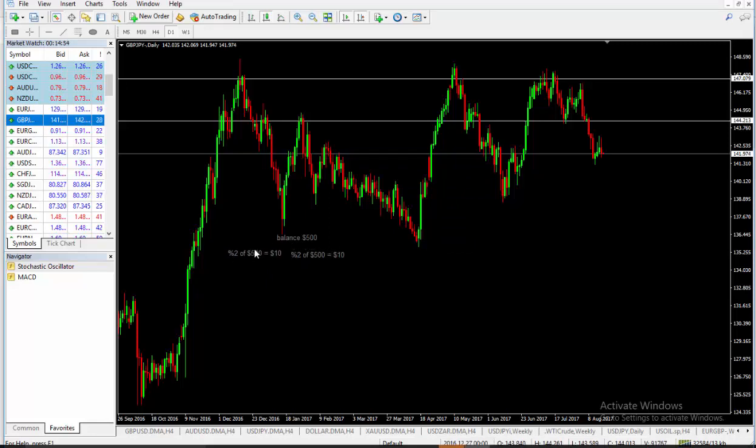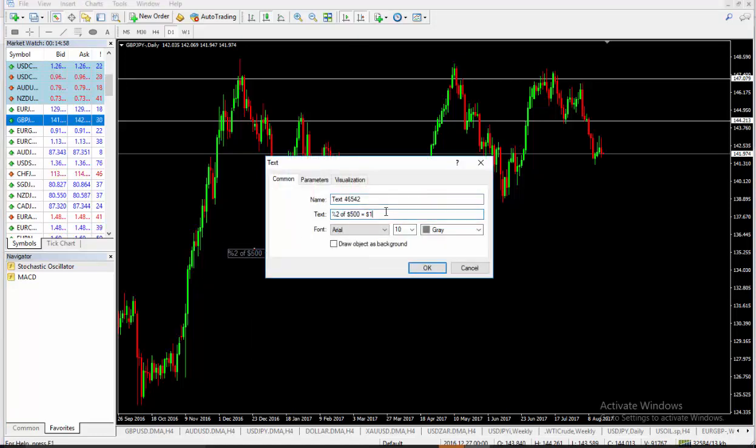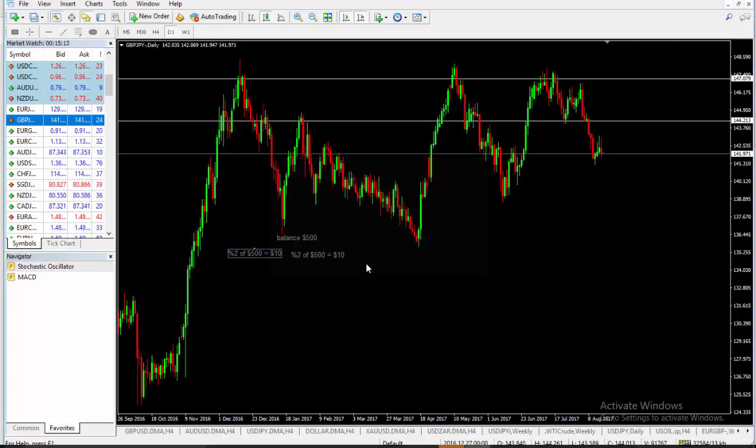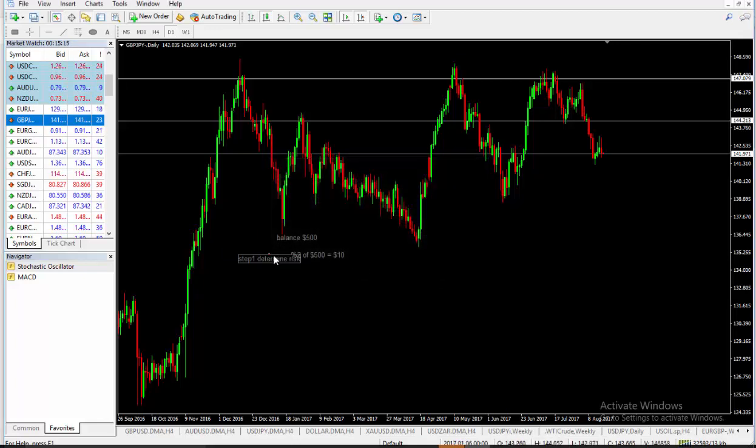Step 1, determine our risk. There you go, which is done. Now we move into step 2.